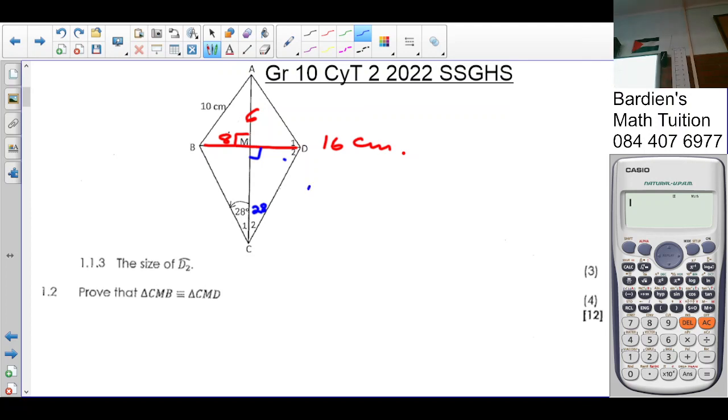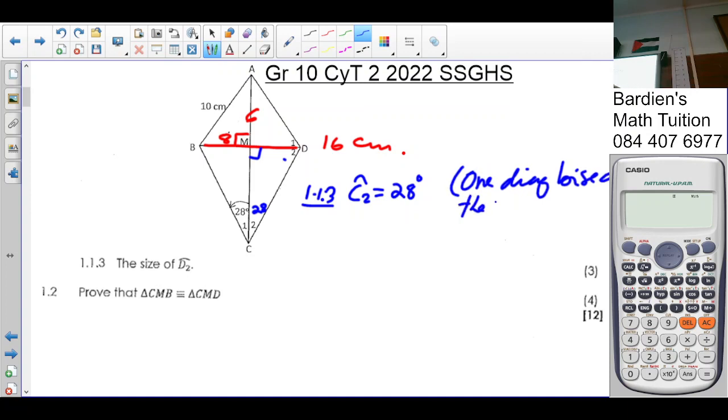So C2 is equal to 28 degrees. Why? Because one diagonal bisects the vertex angle. We know that is 90.